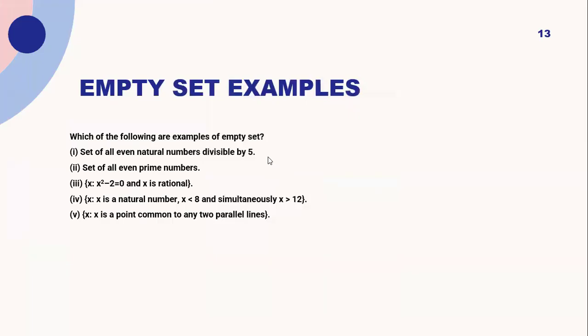Through an example, here you have the empty set symbol. Which of the following are examples of empty set? Which one is empty? Set of all even natural numbers divisible by 5. If I start from even natural numbers, then 2, 4, but they should be divisible by 5.